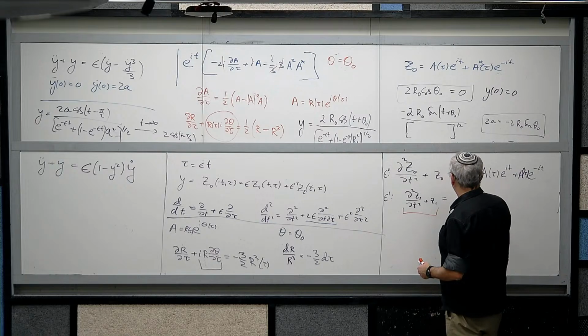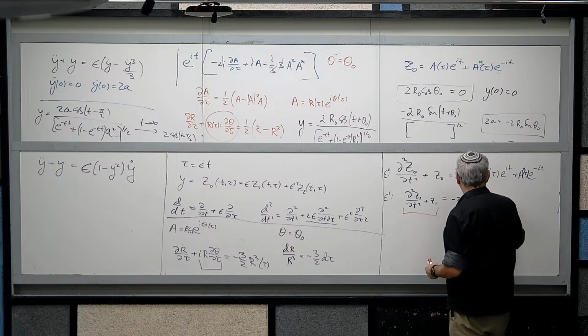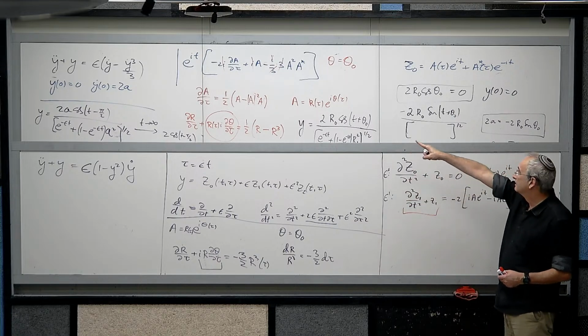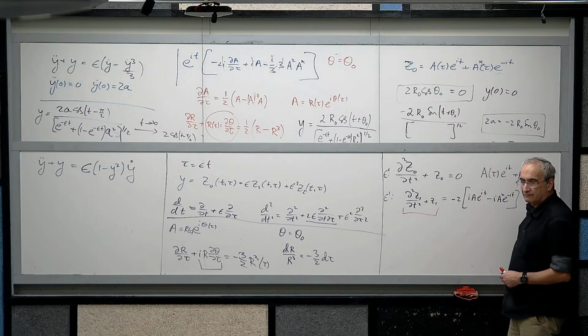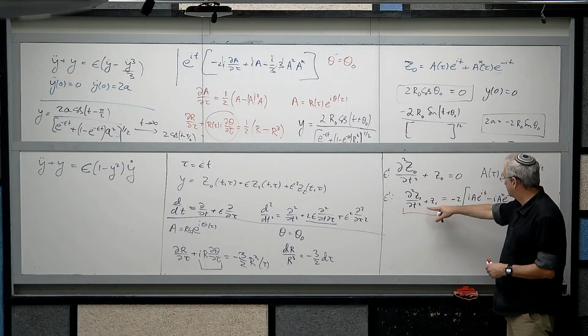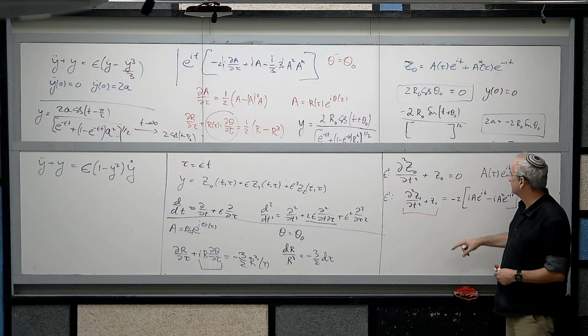We have this equals to, now we have minus 2 iA e to the iT minus iA star e to the minus iT, the standard thing that we have from the free part.